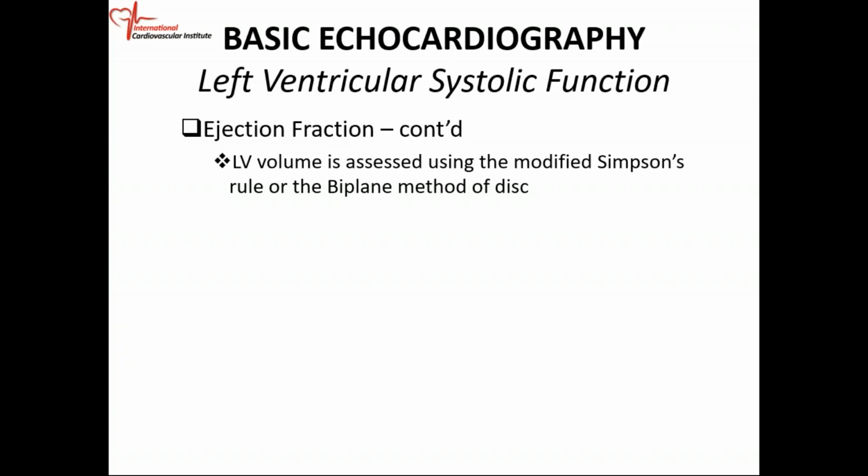When we do this via echo, the echo machine will do the calculation for us. However, we will look at the heart and see how well the heart is pumping, and we'll give an estimate. But when we do echo, this is done accurately.